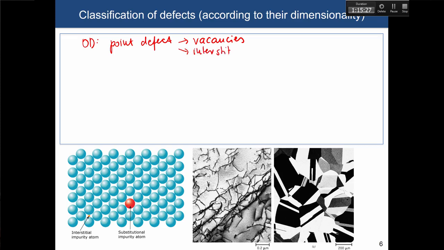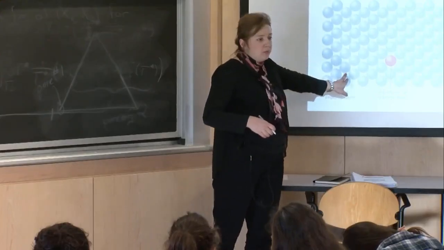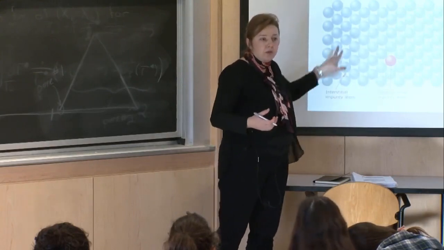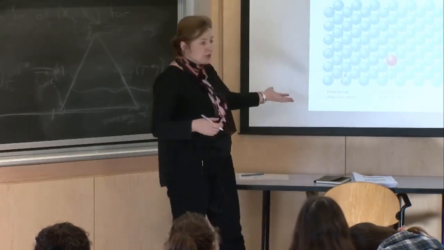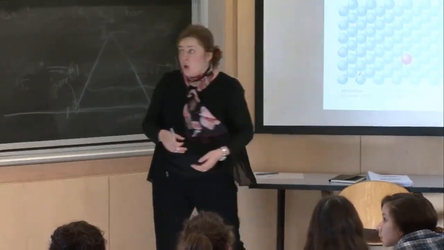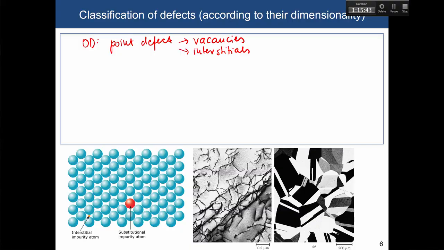What that means, again, if you have a crystalline structure, if you take a foreign atom and introduce it into the crystalline structure, an example would be a small atom, for example, carbon in an iron matrix. So this would be called an interstitial impurity atom. Or, for example, the next type of point defects would be substitutional atoms.